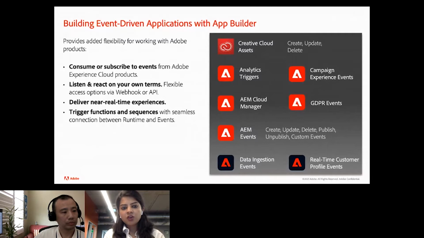With events, you can consume or you can subscribe. It works on a pub/sub model. You can listen and react on your own terms. We are delivering near real-time customer experiences. And we also have functions and sequences, which work seamlessly between Runtime and events. Next slide, please.